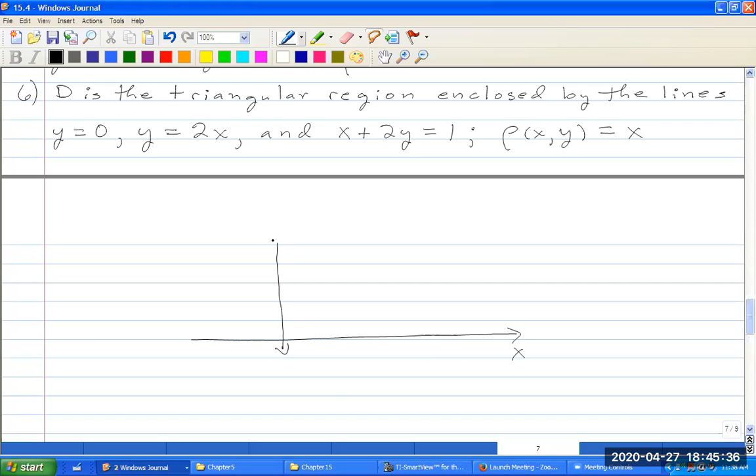So here's y equals 0, y equals 2x, and x plus 2y equals 1.